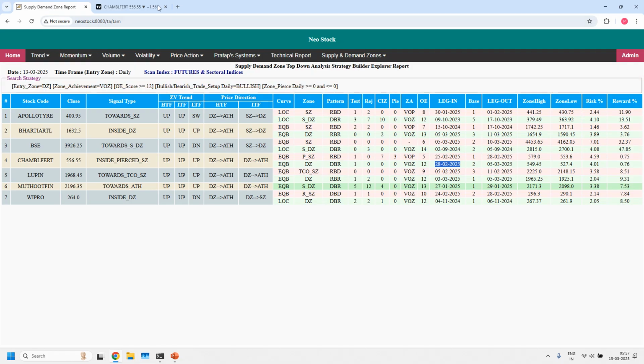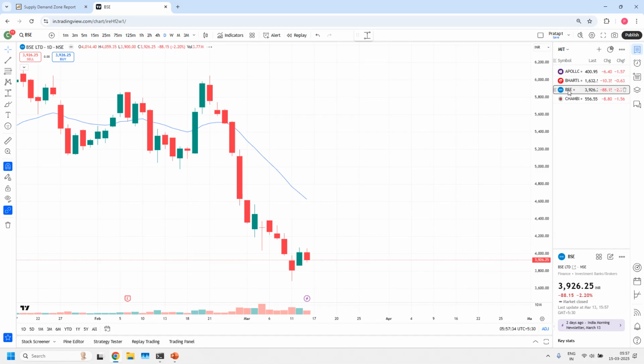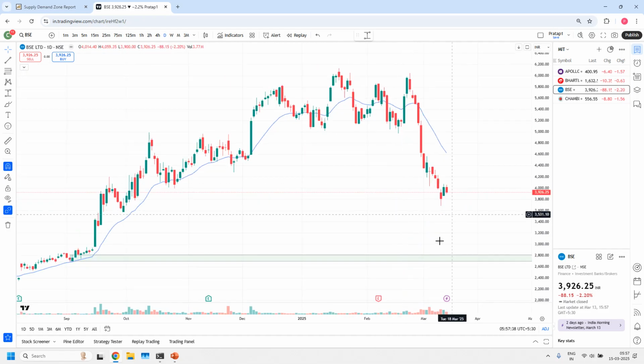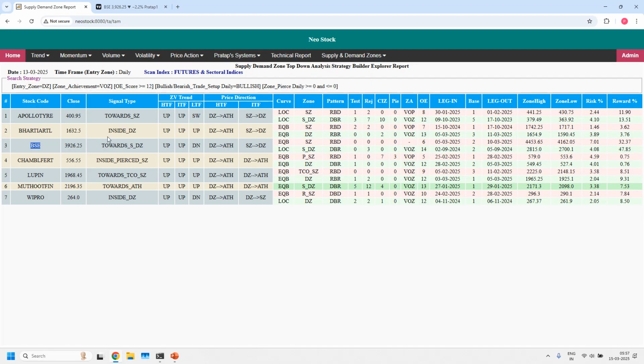Okay, but here something we forgot to add. The supply zone is a pierced supply zone. But before that, BSE, have we added the supply zone? We added the demand zone. But the supply zone, where is it?